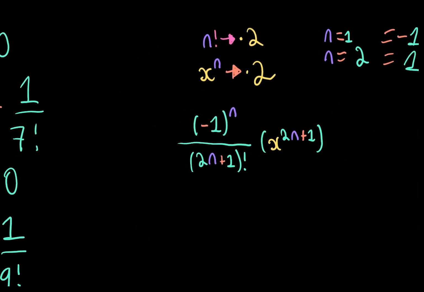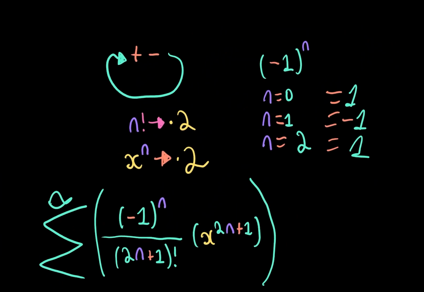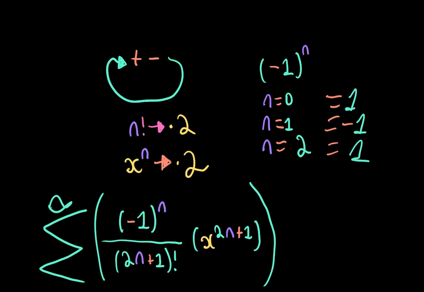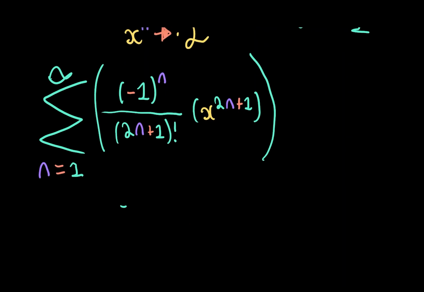So let's now write the summation piece. n is equal to 1, and then the upper bound is infinity. And let's see if this works. Okay, so let's set n equal to 1, so -1 to the power of 1 over 2 times 1 plus 1, so this becomes -1 over 3 factorial times x to the power of 3.